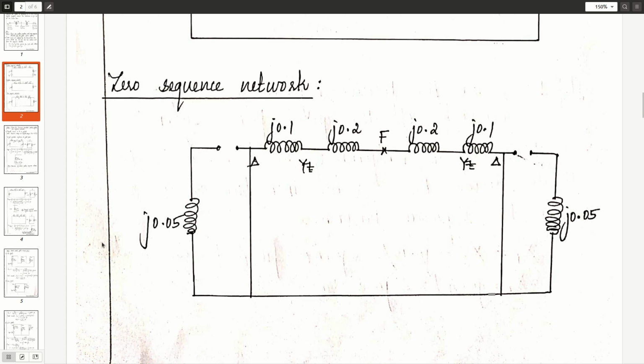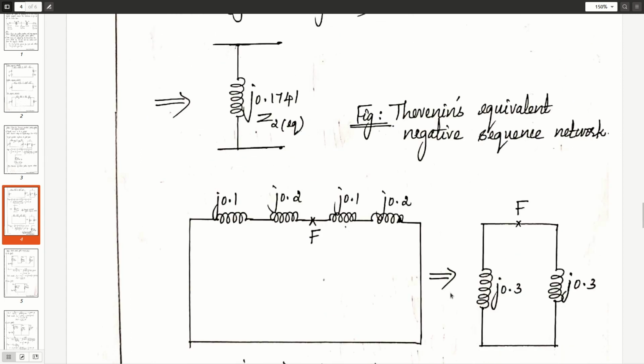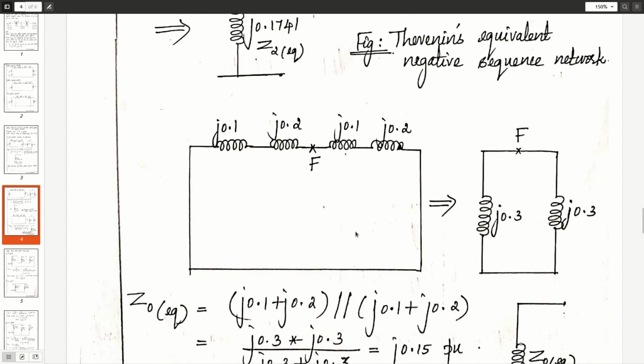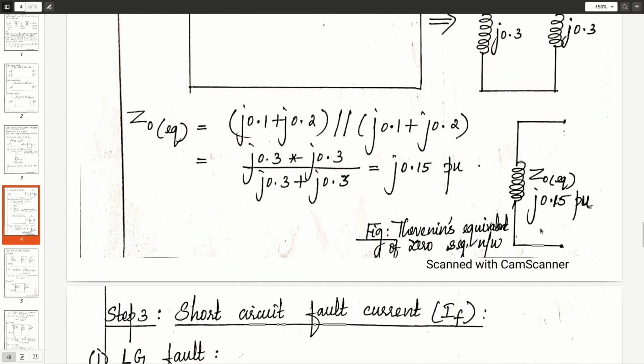This is how we have to draw the equivalent impedance circuit of the zero sequence network. So we have J0.3 in parallel with J0.3. When you calculate, you will get equivalent zero sequence reactance Z0 equivalent equal to J0.15 per unit, and with that value we have drawn the Thevenin's equivalent zero sequence network.